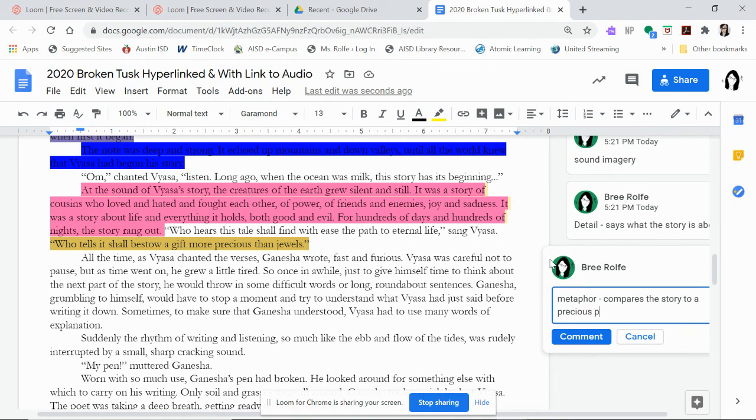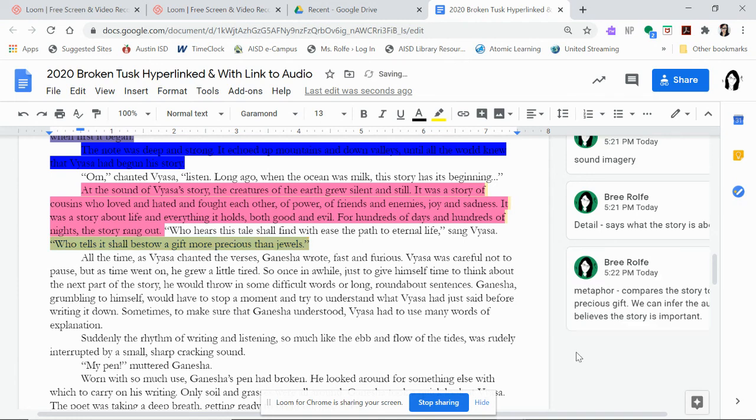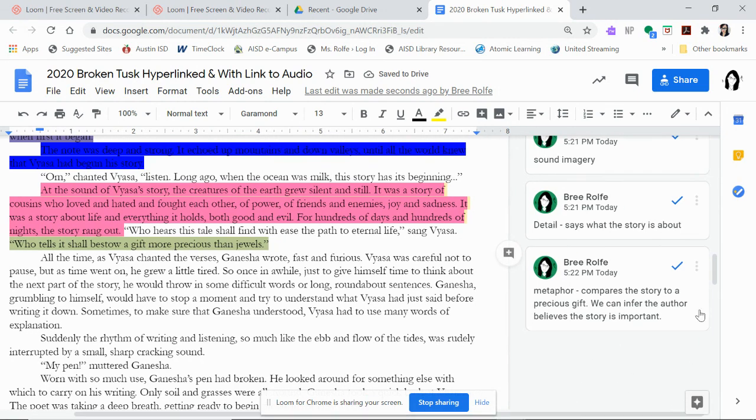And then what we can infer about the story itself based on this figurative language is we can infer that the author believes that the story is very important. Valuable. It's a valuable story. I guess valuable would be a better word. I'm going to change that.